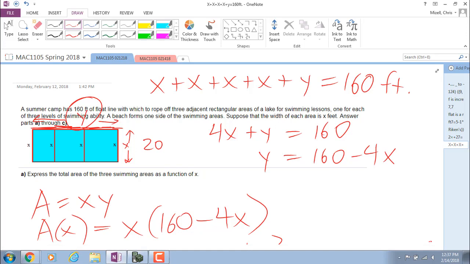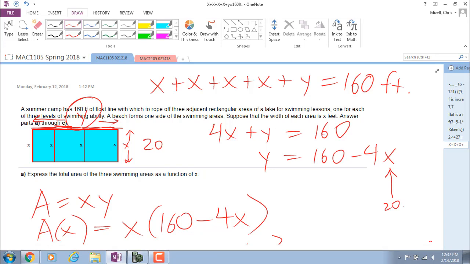That's a total of 80 feet of rope, and that leaves us with 80 feet of the 160 that we have, so it could be 80 feet long. Now that number 80 could also be calculated by substituting 20 right there. 4 times 20 equals 80, and 160 minus 80 equals 80. So we've effectively expressed the length of the combined swimming area in terms of the width.